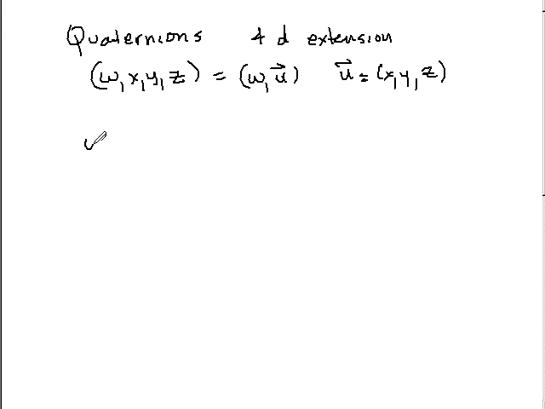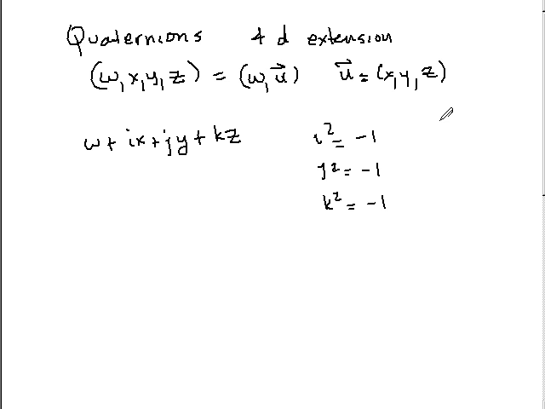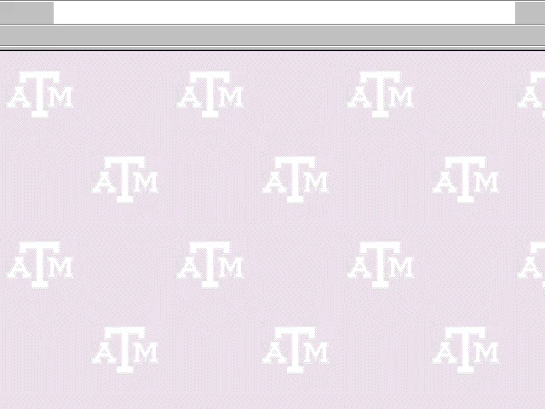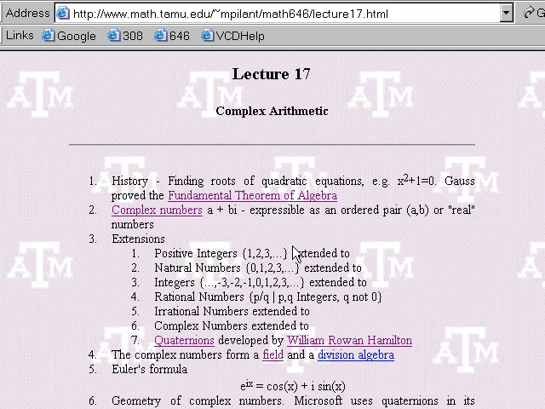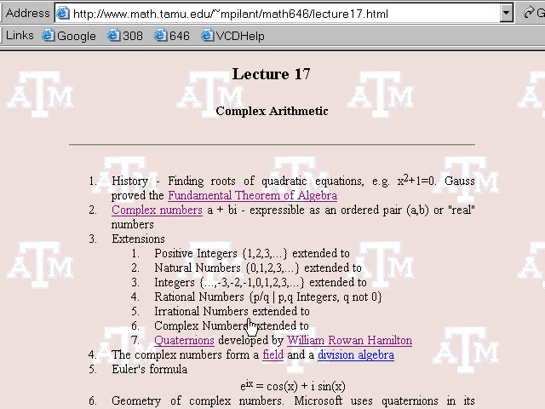So you can write this as W plus iX plus jY plus kZ, where i squared is minus 1. So these are like roots of square root of minus 1. And with the properties that we illustrated in the previous lecture, which came from here.